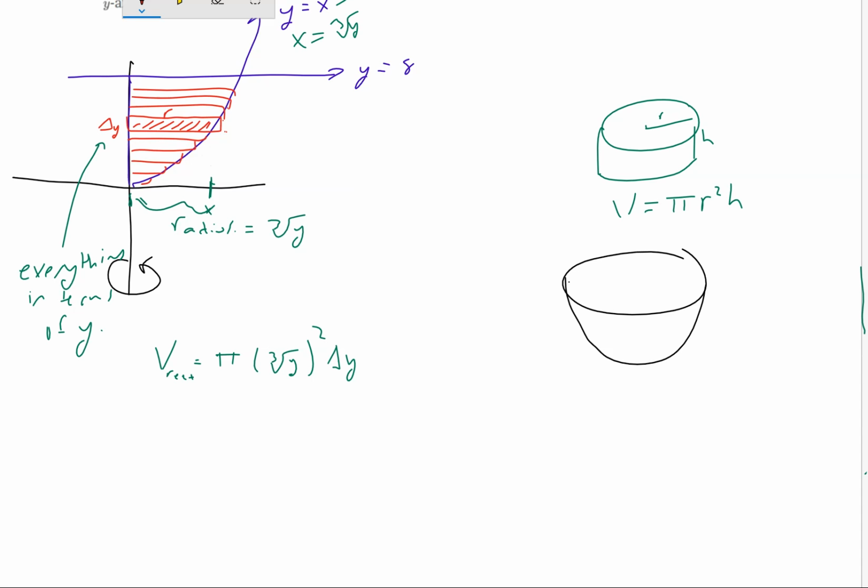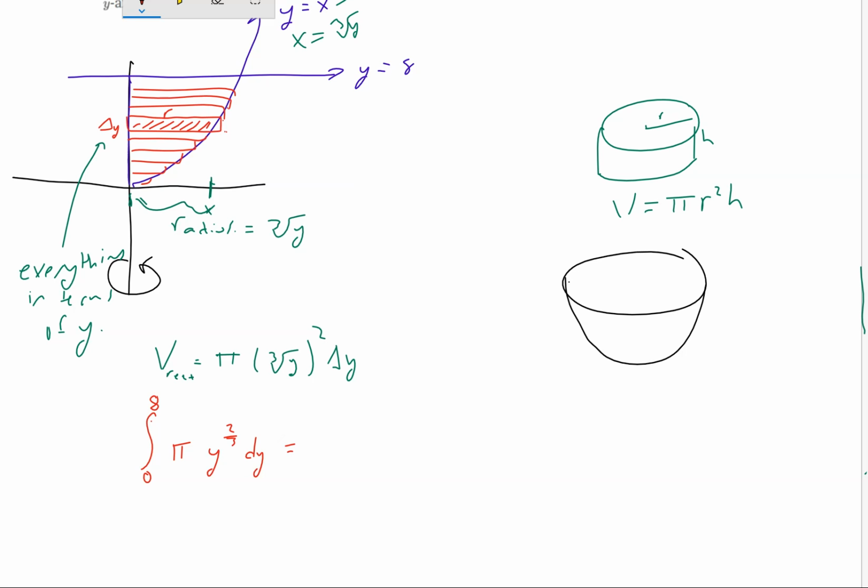So to get the volume for the whole shape, we're going to integrate, starting at 0 and going all the way up to 8, because we're going from the bottom to the top, since it's in y coordinates. We'll have pi, and I'm going to write this as an exponent, 2/3, and then dy instead of the delta, since we have infinitely many things. It's just a different notation, right?